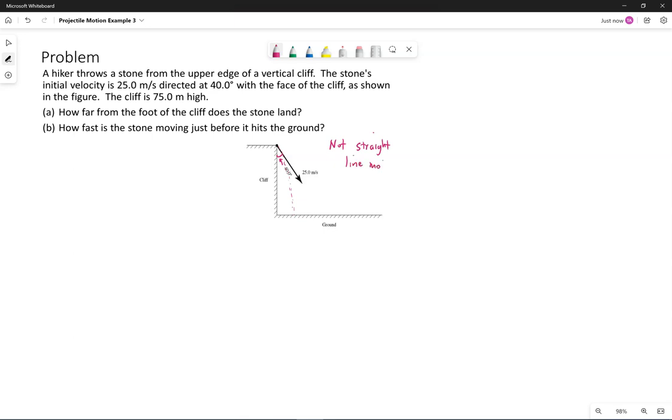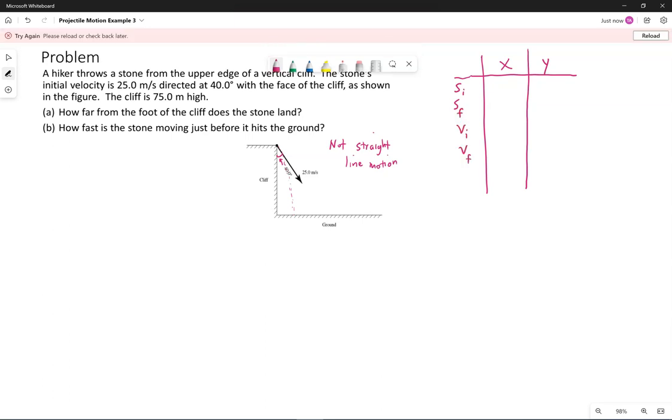This is what makes it two-dimensional motion, meaning we need to break our problem into parts, into components, where we are accounting for position, velocity, and acceleration in both x and y directions.